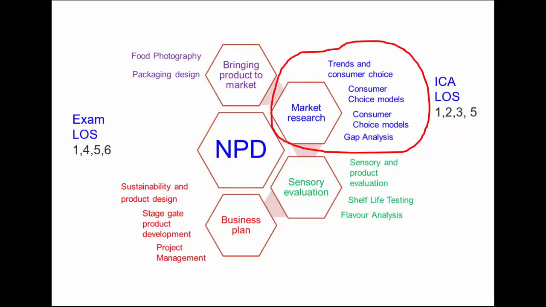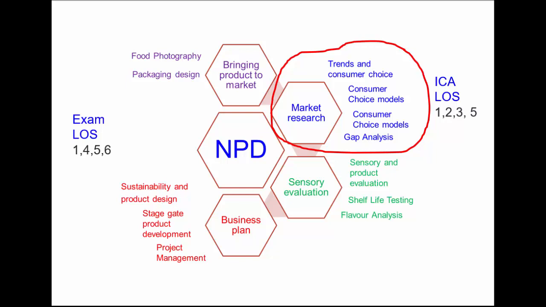Okay, so I've highlighted the market research learning outcomes. There are learning outcomes 1, 2, 3 and 5, and they're the ones that are measured in the ICA, that is the gap analysis, which we'll talk about in the rest of this presentation and one of the other assignment lectures. Everything else is measured in the exam. So all the other learning outcomes, 1, 4, 5 and 6, are measured in the exam.